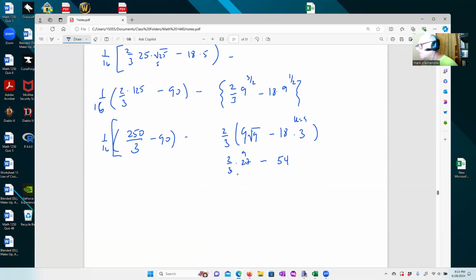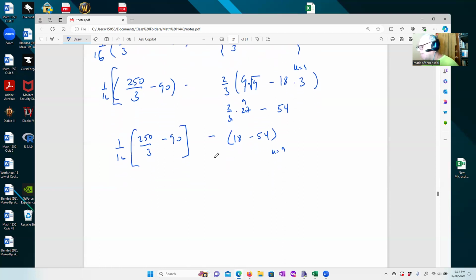That's going to be 18, so we'll end up with 18 minus 54 here. This was u evaluated at 9. And then we have a minus here. And then we have 1/16 times everything, 250 over 3 minus 90 minus this difference here.